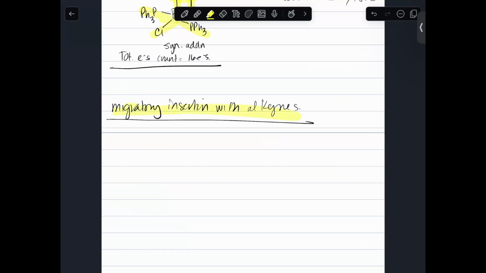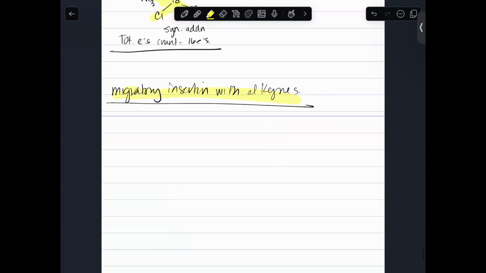I just want to make sure that I get through the carbon monoxide, alkenes, and alkynes. The beauty of it is that it's very similar to alkenes. And I'll use the exact same example that I did above, where I have my 16 electrons, and I'm adding my alkyne.